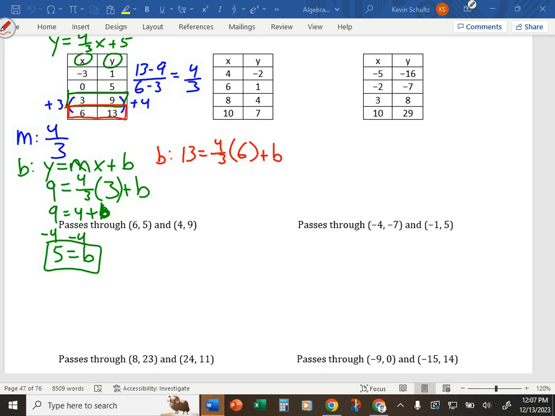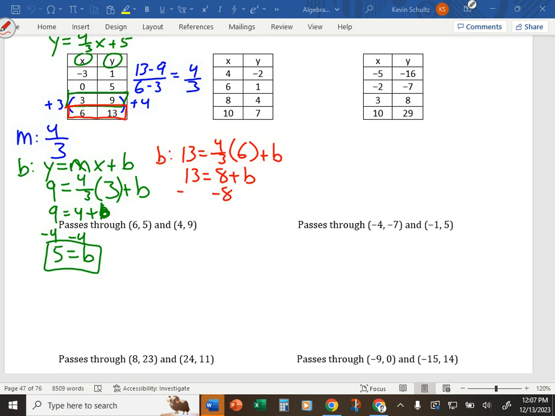What's 4/3 times 6? 8. So 13 equals 8 plus b.